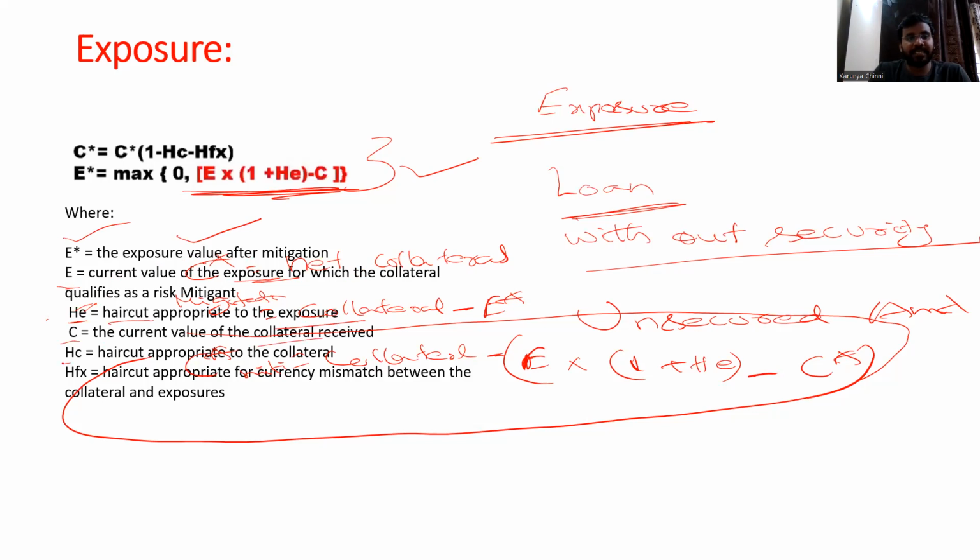HC means haircut of collateral. Hfx means the mismatch in foreign currency. Sorry, the mismatch in collateral and exposures for FX. FX is related to foreign currencies, a currency mismatch between collateral and exposures.